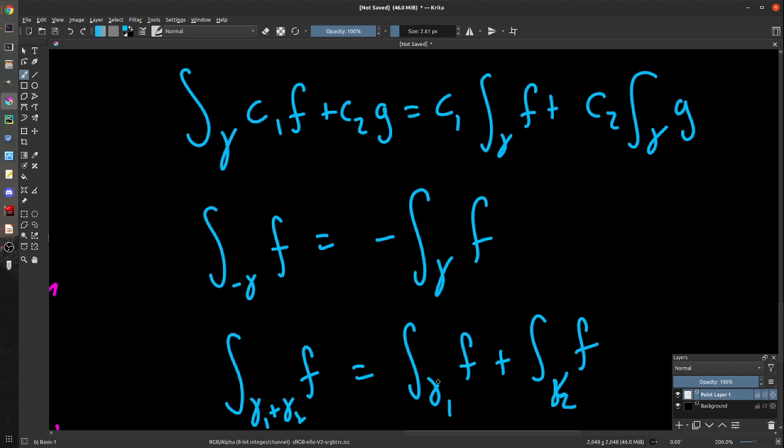Those are horrible gammas. I'm sorry about that. But yes, you can split up across curves in the kind of expected way. If you go the backwards direction, you get negative your answer, and you still have linearity. And so now this is proposition, I think, 2.1.3. I'm just stating it straight up because they give all these without proofs in the textbook either, because it's all coming from calculus 1 and how we defined this thing. There are no big fancy tricks.